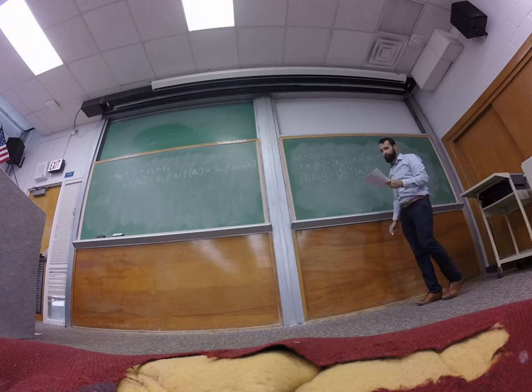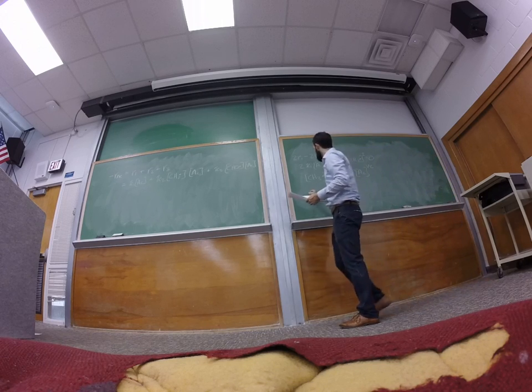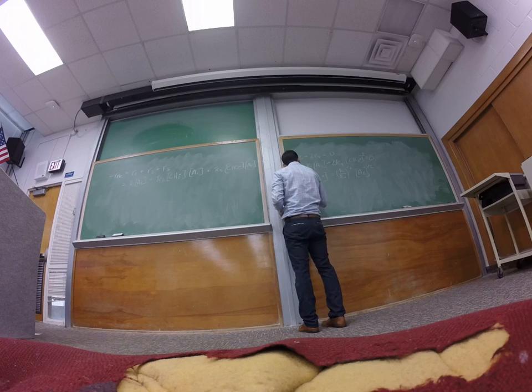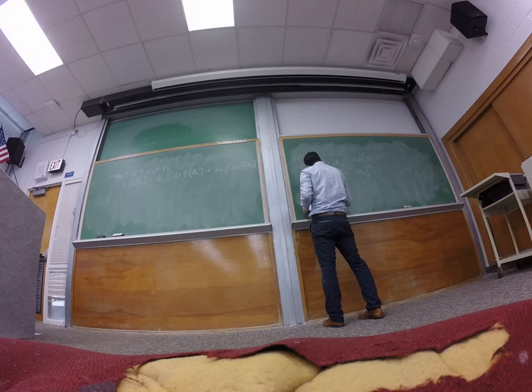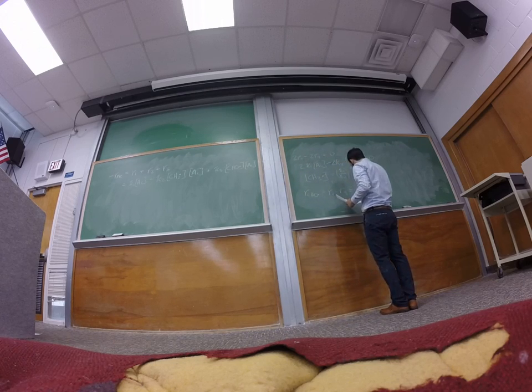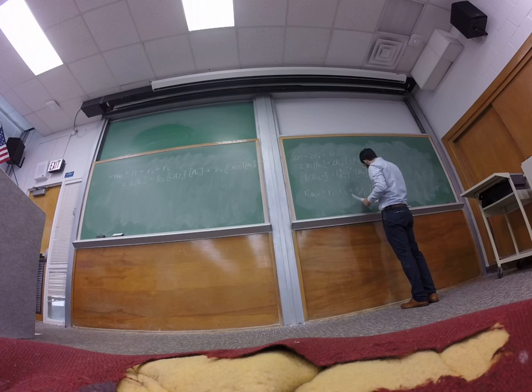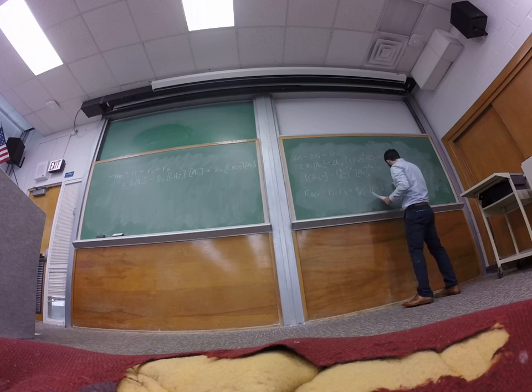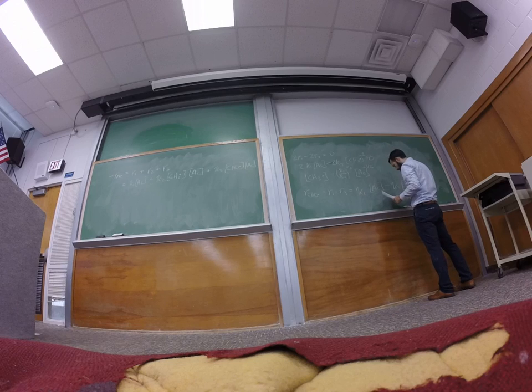How do we get one for the formyl radical? Just go back up.